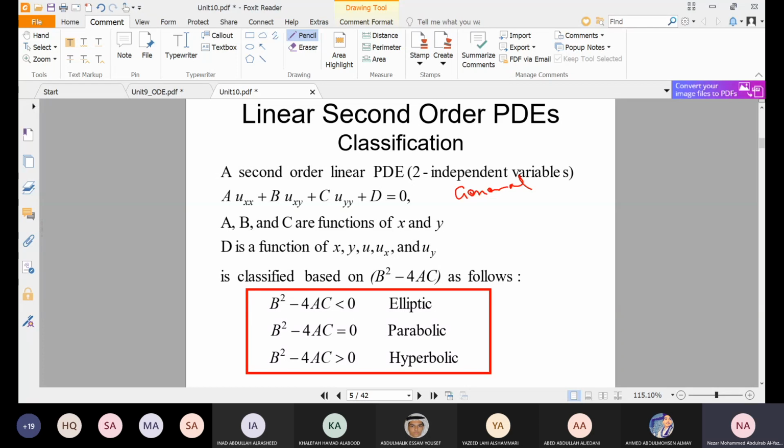By knowing the values of the coefficients a, b, c and d, we can classify the type of equation that we have. A, B and C are functions of x and y. D is a function of x and y and u and u sub x and u sub y. By using the quadratic form b squared minus 4ac, we compute the value of this. If the value is less than 0, the type of the equation is elliptic.